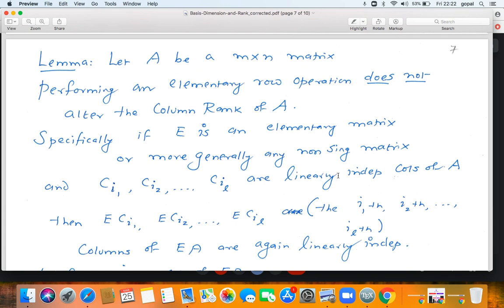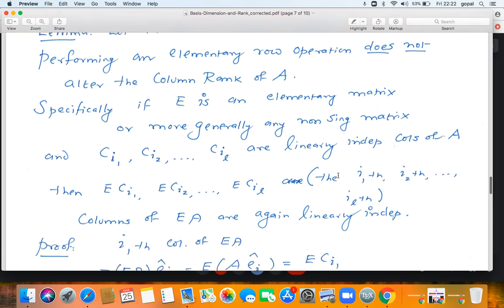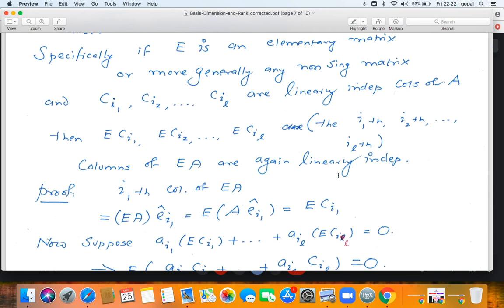Okay, so c_i1, c_i2, dot dot dot, c_il are linearly independent columns of A. Then Ec_i1, Ec_i2, dot dot dot, Ec_il are the i1th, i2th, dot dot dot, ilth columns of EA, and we must show they are again linearly independent. So what is the i1th column of EA? Take any matrix B, and I want the kth column of B. It's very easy, and that kth column of B is simply B e_k cap.